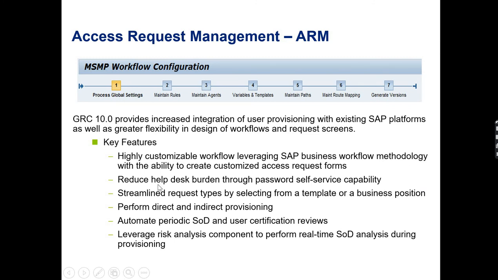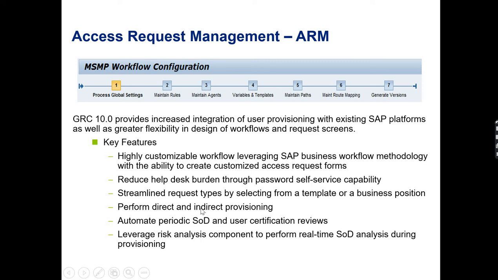If we are using GRC access request management, it gives a streamlined process, whether you create access in ECC, BW or any other system. We can even perform direct and indirect provisioning. Direct means, suppose you want to create a user using SU01 and assign the role; that we call direct provisioning.